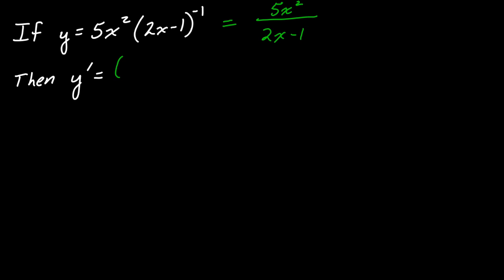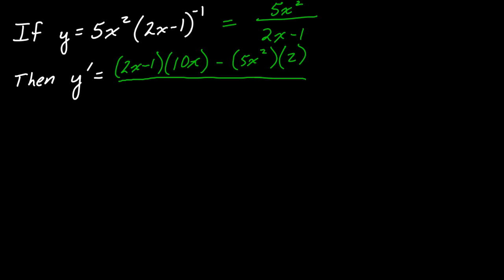So this actually would involve using our quotient rule. So the quotient rule is going to be bottom times derivative of the top minus top times derivative of the bottom, which is just 2, over the bottom squared. So if we distribute in the numerator, you're going to get 20x squared minus 10x.